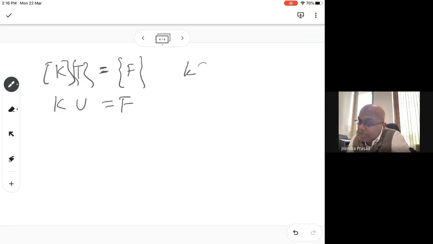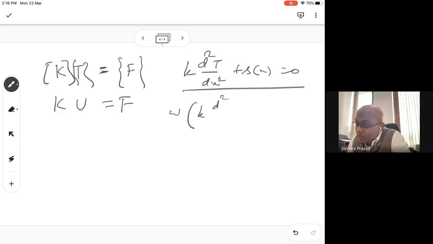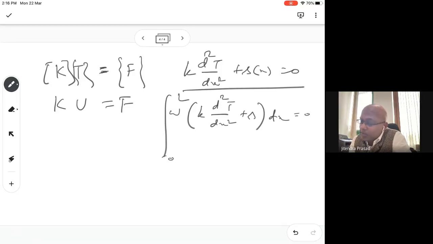It says K d square T dx square, plus S, equal to 0. And then you take the weak formulation, which will have W multiplied here, so W times K d square T dx square plus S, integrated with dx from 0 to L. And then what do you find? You find something like this.